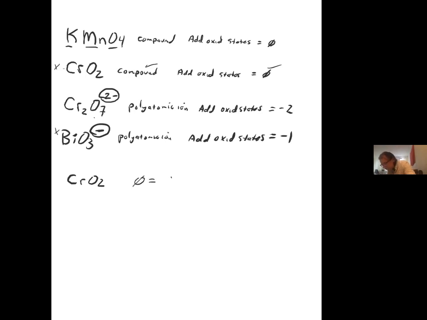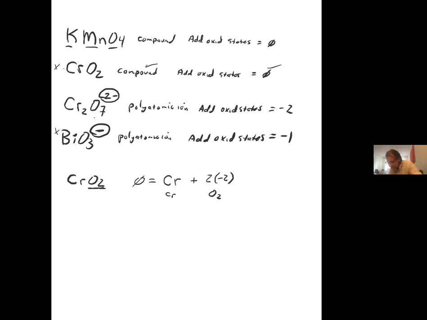Again, we don't have a rule for chromium, so we don't know what it is, right? But we do have a rule for oxygen. And look at how many oxygens there are. There's 2. So I'm going to write plus 2 times -2, right? That's your 2 oxygens, and that's your chromium, CrO2. And because it's neutral, it's got to add up to 0. And then what you do is you just solve for chromium.